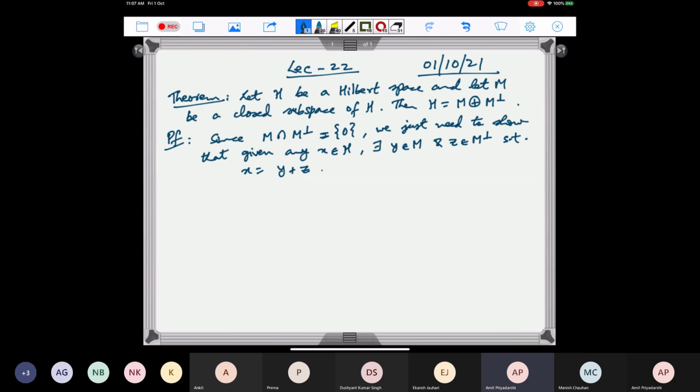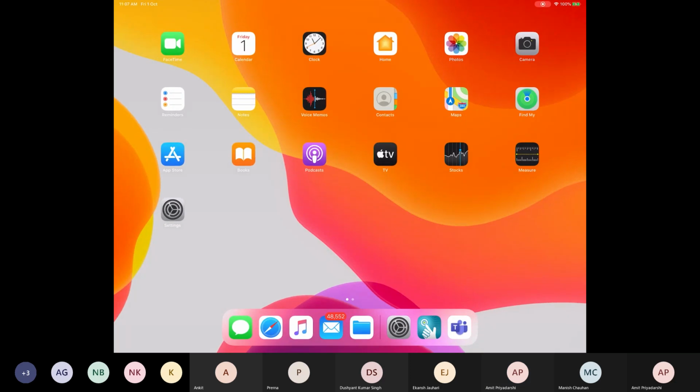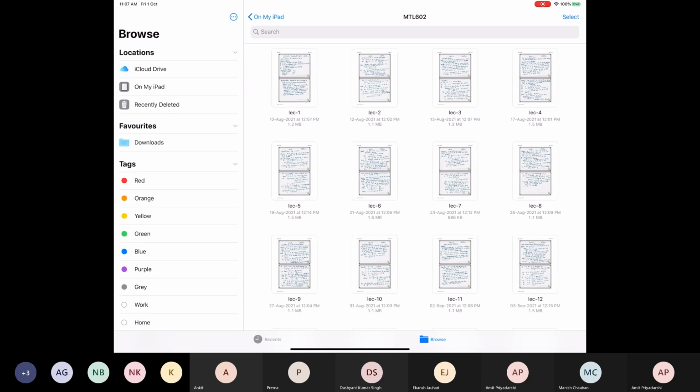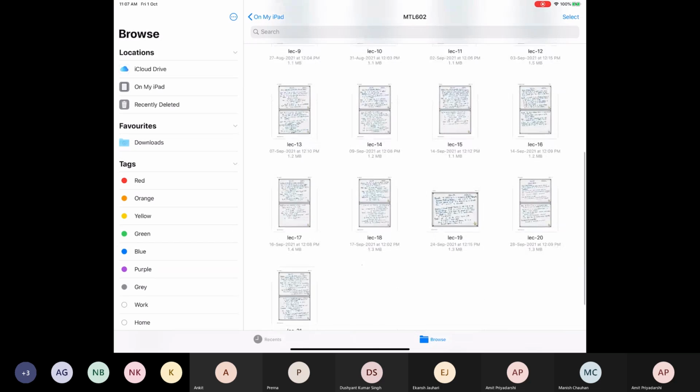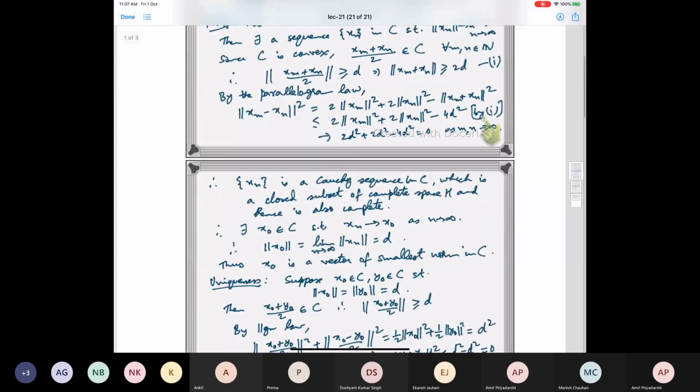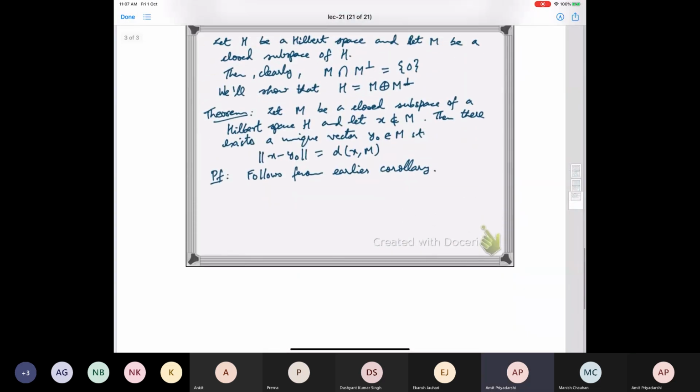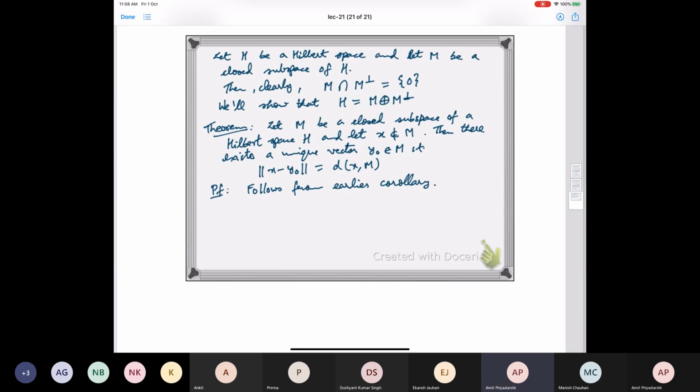Y is just the projection of x onto M. So we know from the previous theorem, yesterday we did this last theorem: if M is any closed subspace of a Hilbert space and x is any vector which is not in M, then there exists a unique vector y naught in M such that norm x minus y naught is the distance of x to M. Of course, this will be true even if x is in M, because if x is a vector in M, then the distance of x to M is 0, and in that case your y naught will be equal to x.